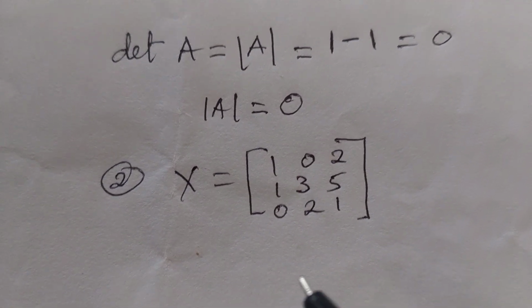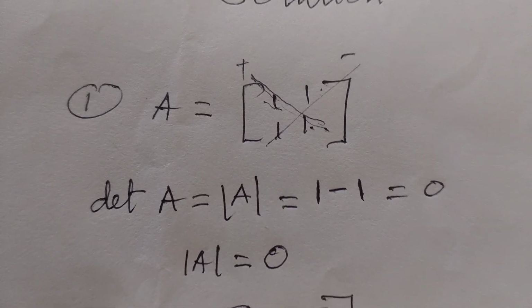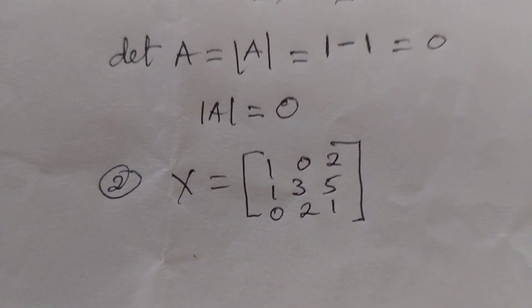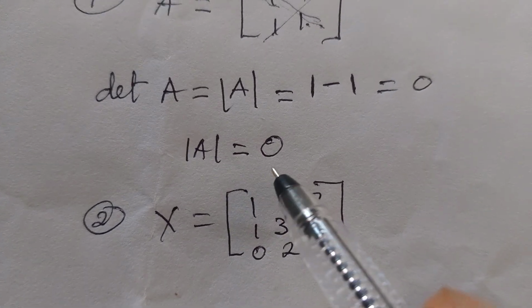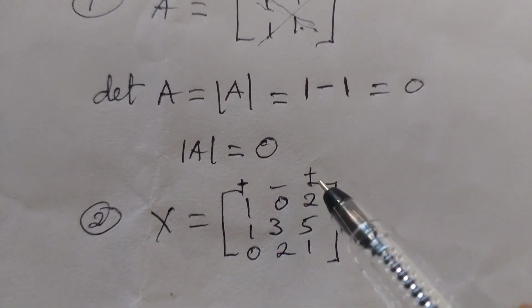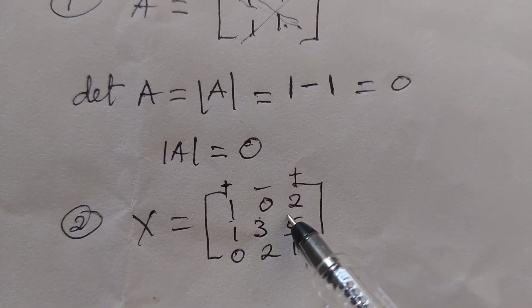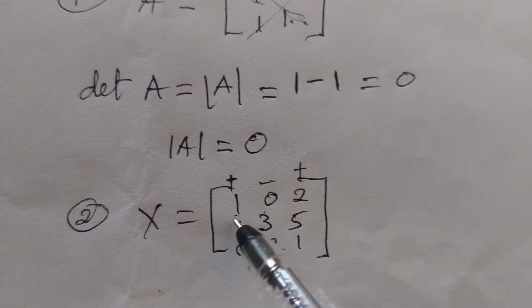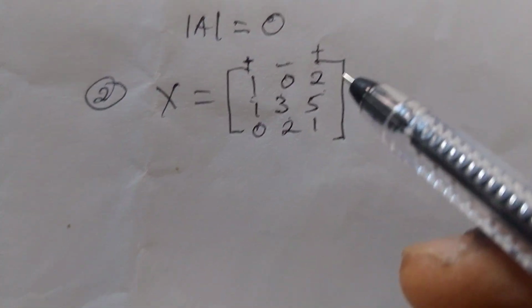To find the determinant is not the same as with the 2 by 2 matrix, because in a matrix there is a sign pattern that is always the default. This is plus, this is minus, this is plus, minus plus minus, plus minus plus. So what I'm going to do now is this.